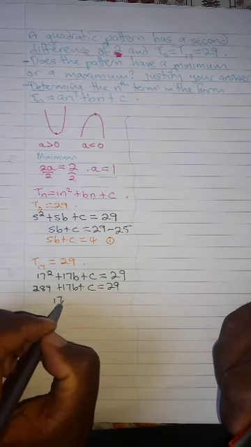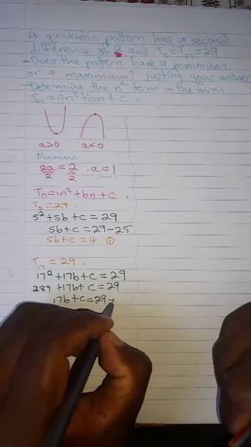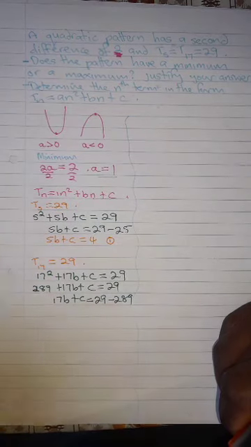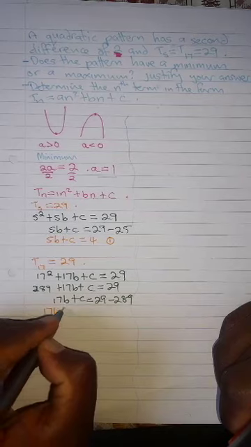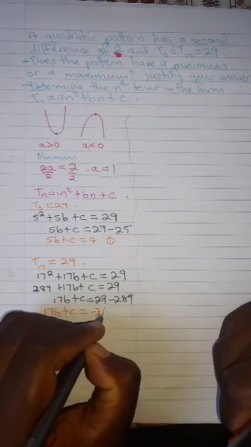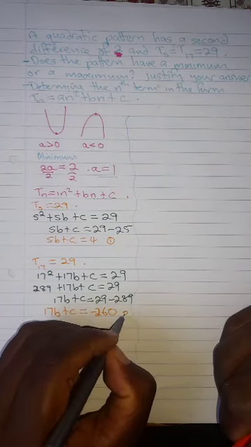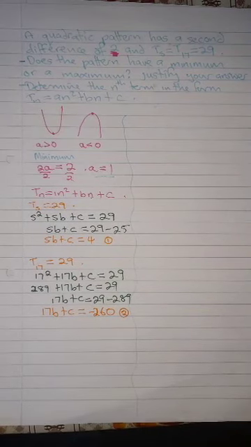So 17b plus c is equal to 29 minus 289. From there we get that 17b plus c is equal to negative 260. And this is equation number 2. So we have equation number 1 and equation number 2.